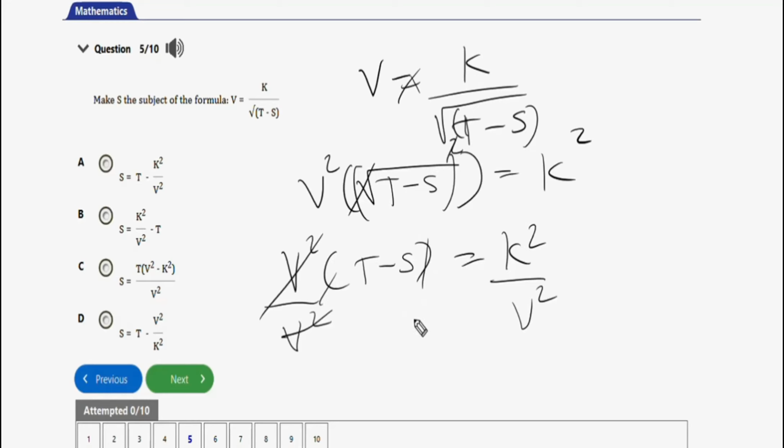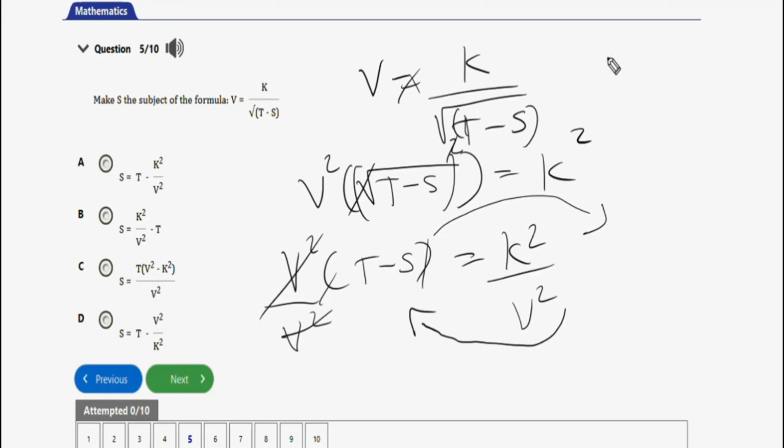So now make x the subject of the formula. What this entails is this x will come to this side, whereas this k square over v square will go to this side of the equation.